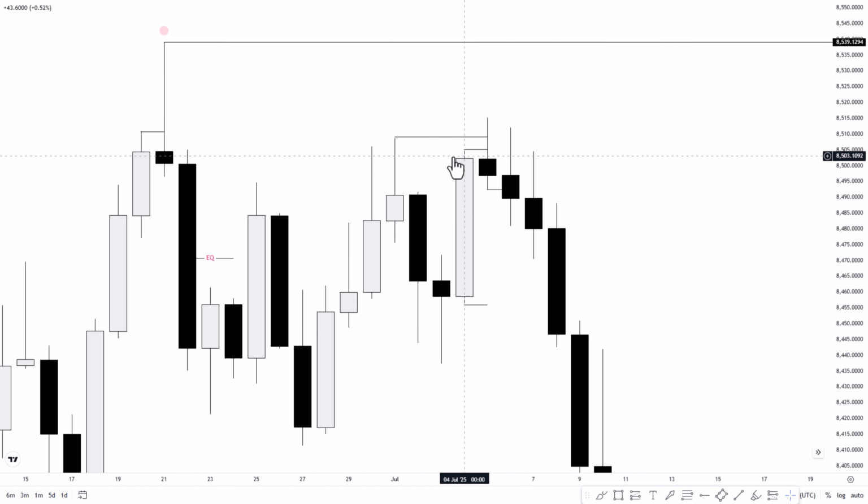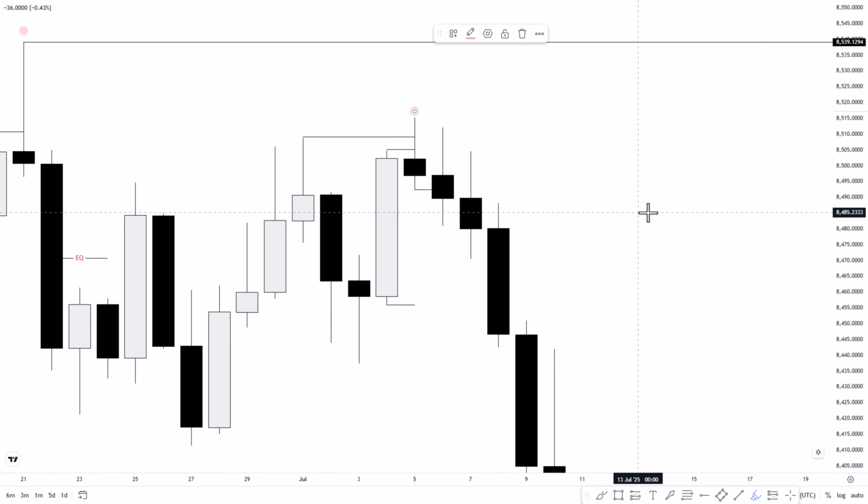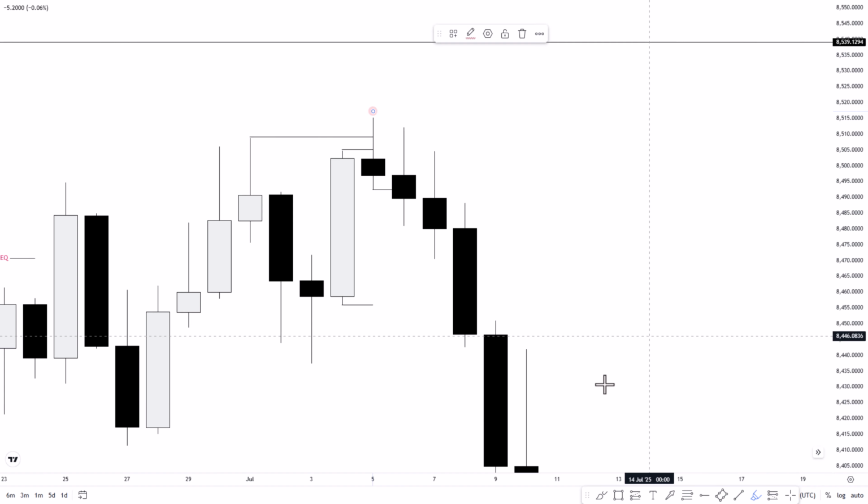If you look at it, this is day 1, which is formed by this swing high. This is day 1, day 2, formed by this swing high, and then we have day 3. So on day 4, we are supposed to engage in selling. Now, what we need to do is mark the EQ, that is the equilibrium of day 3, and this is day 3.